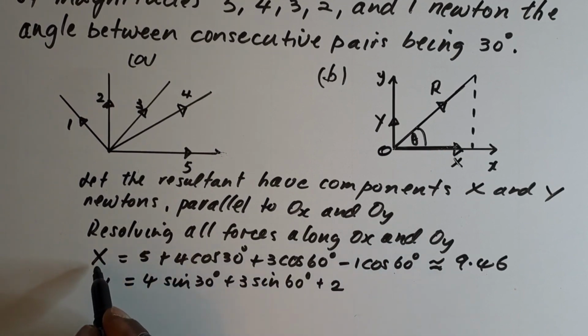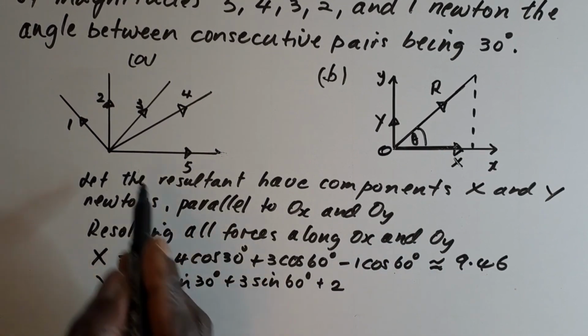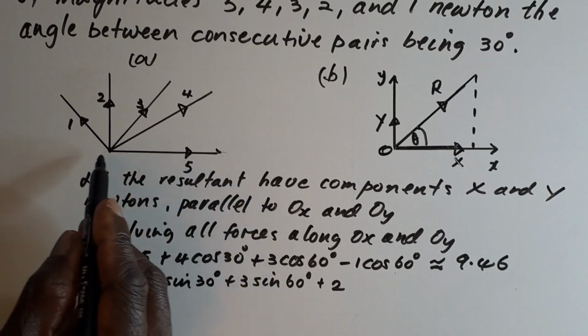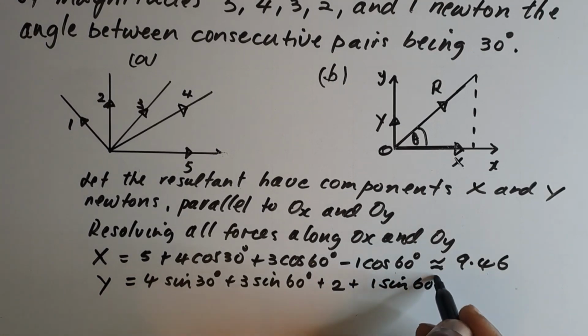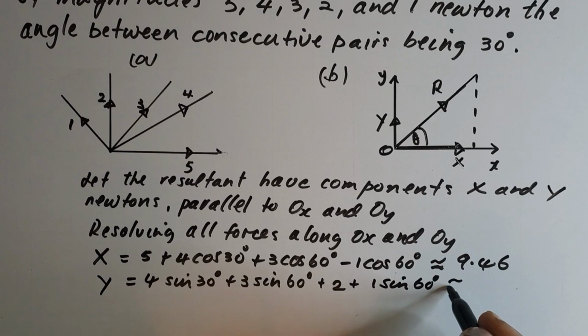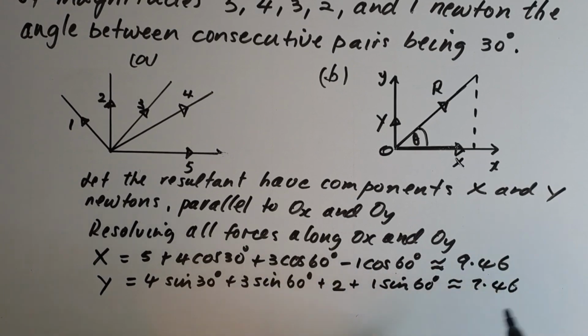And then for the X components, we had 5 in the axis OX. We got 2 add 1 sine 60 degrees. This is approximately 7.46.